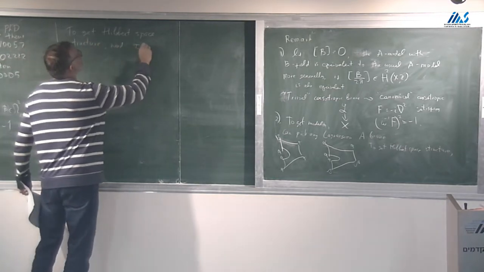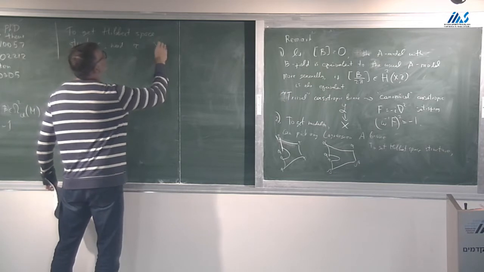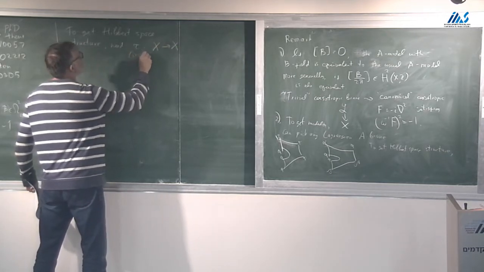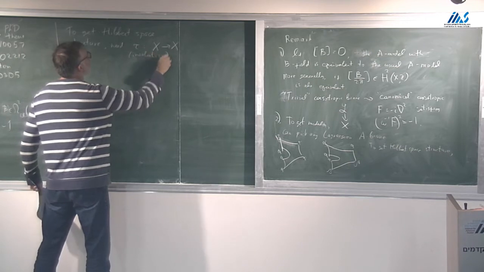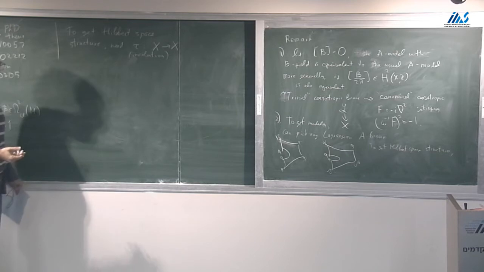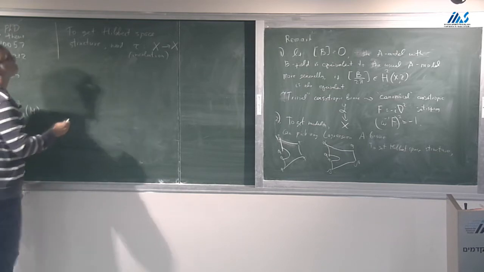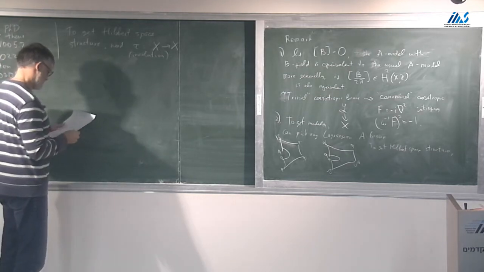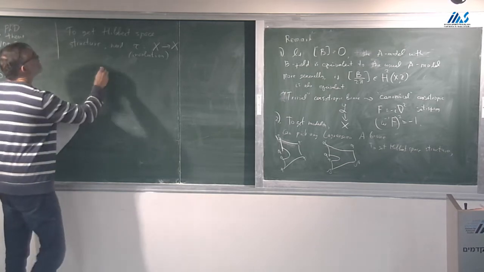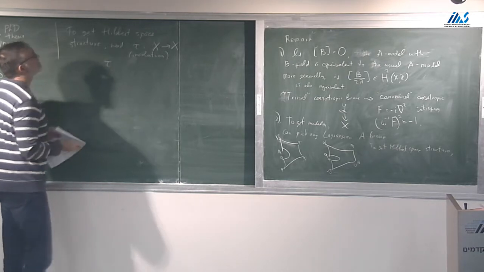you need an involution on X, complex or anti? Well, it's really an A model thing. You use the complex structure to define the homology.